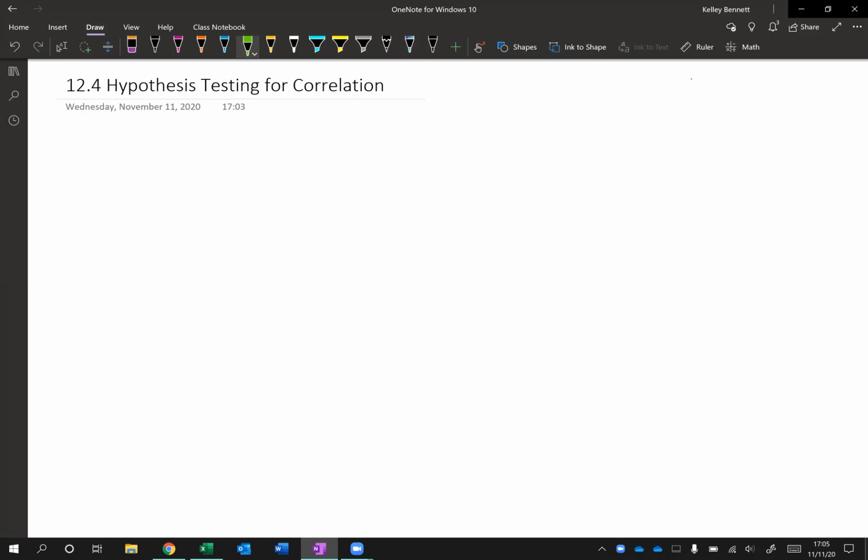So when we're thinking about correlation between two samples, let's scale it back one more step. Where did those samples come from? Well, we know that samples come from populations.